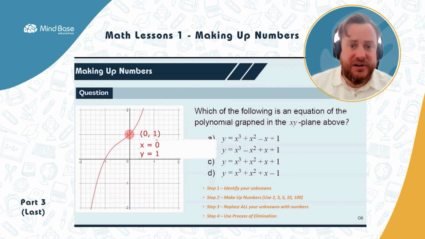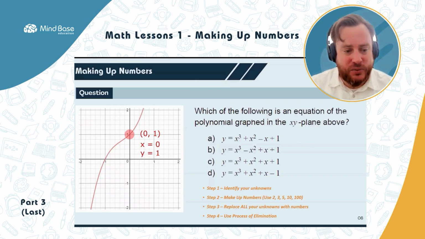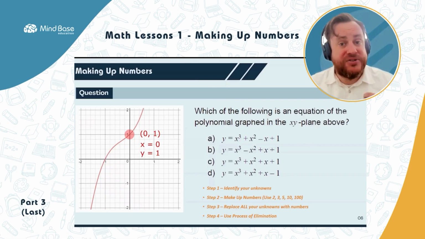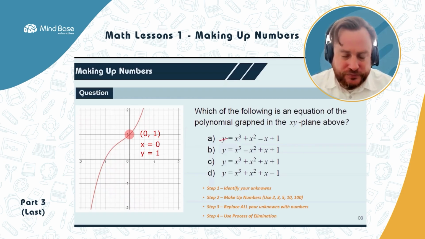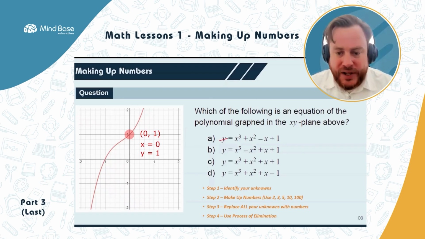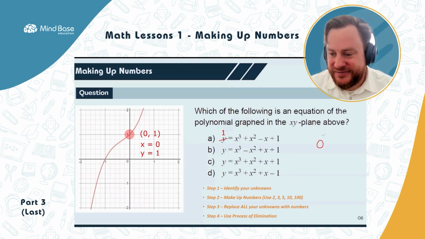Our x value is 0, our y value is 1. So now I'm just going to plug these into the answer choices and see what I get. Now, our y value is 1, so I can replace this y value with 1, right? And our x's are 0. Now, what is 0 to the 3rd power? It's 0. What's 0 to the 2nd power? It's 0, right?